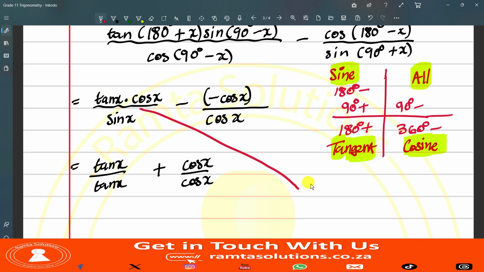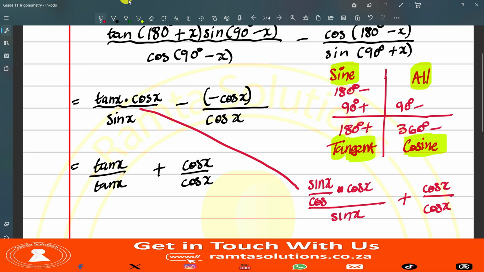Where you expand tangent. This will be sin x over cos x multiplied by cos x all over sin x, plus cos x over cos x.